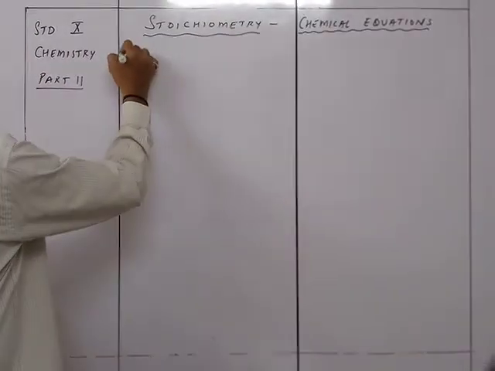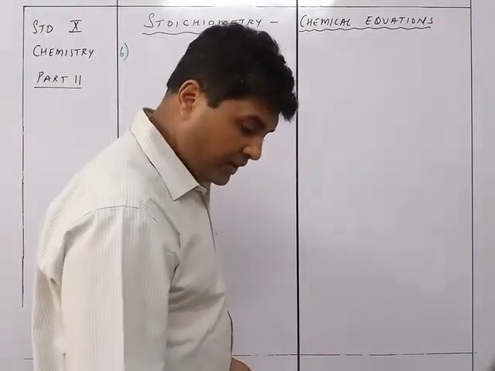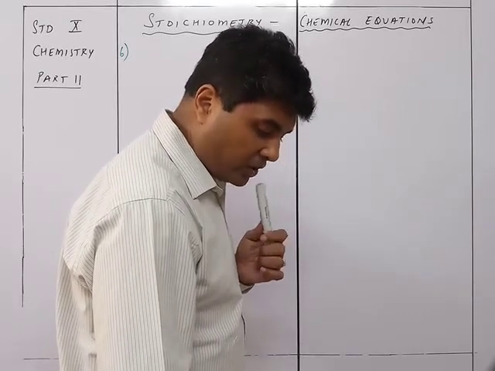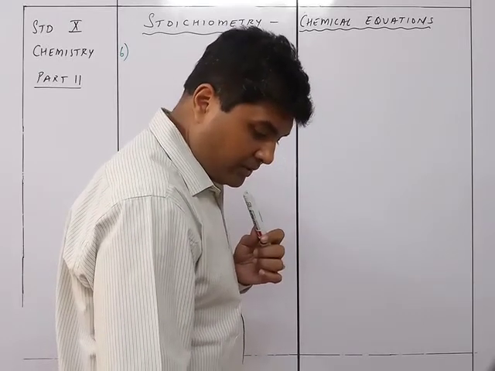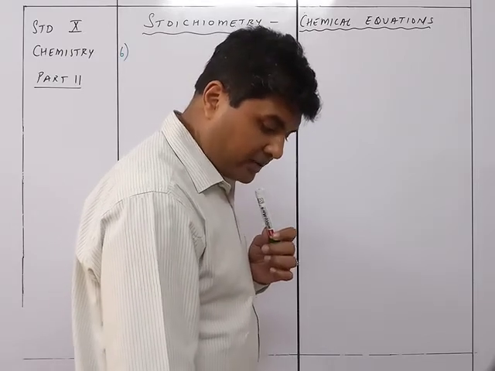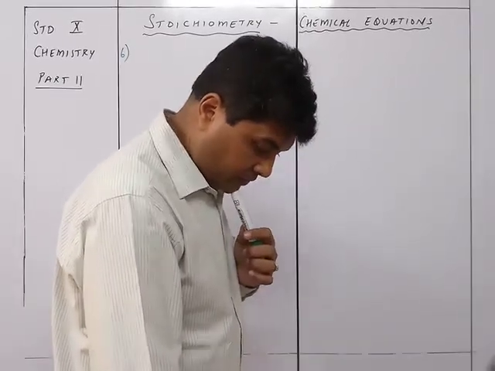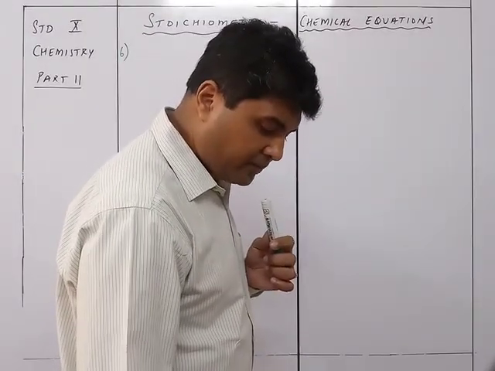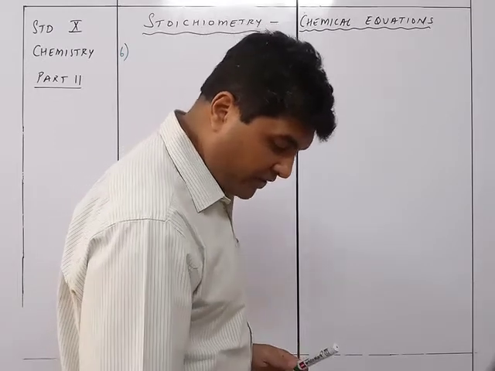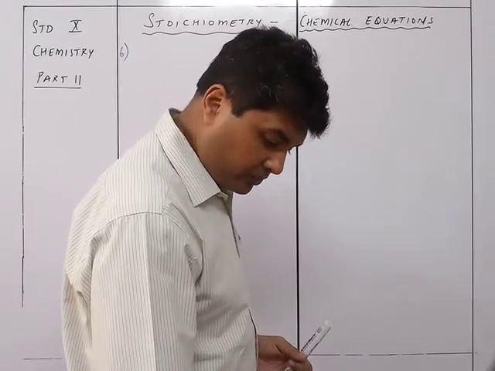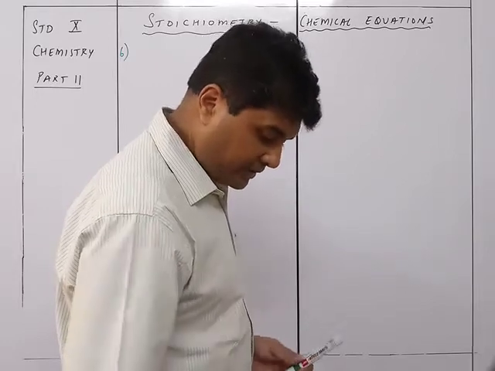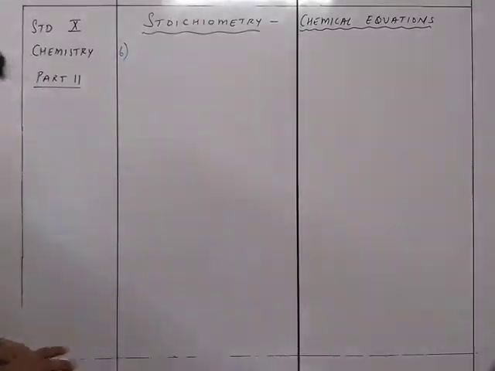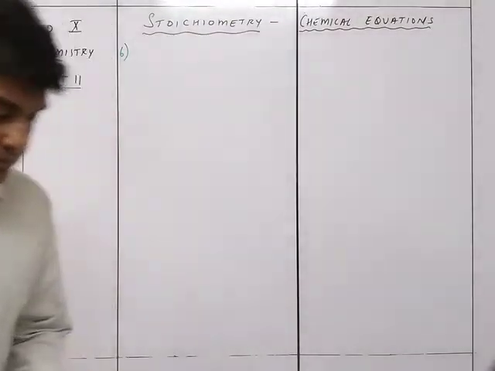Question number 6: heat on lead nitrate gives yellow lead oxide, nitrogen dioxide and oxygen. Calculate the volume of NO2 and O2 produced on heating 8.5 grams of lead nitrate.